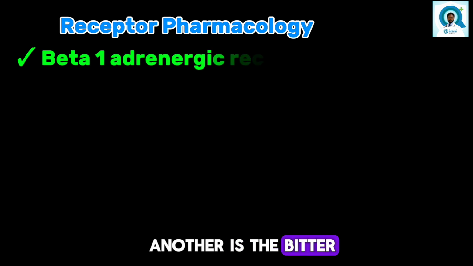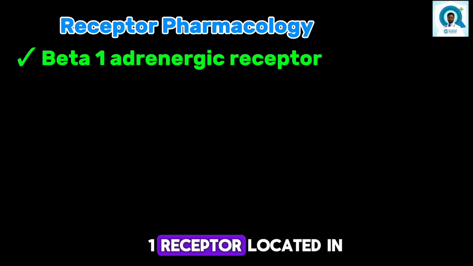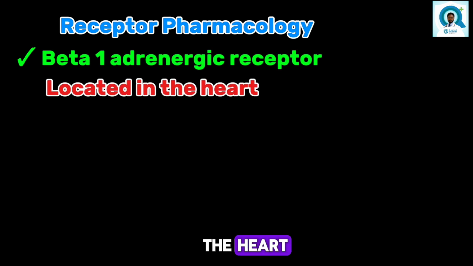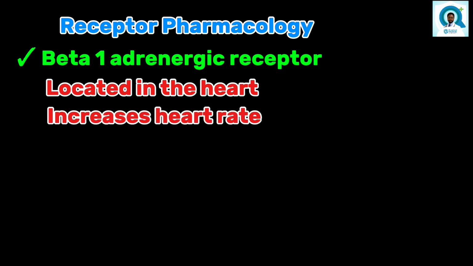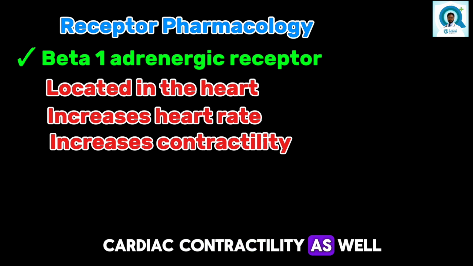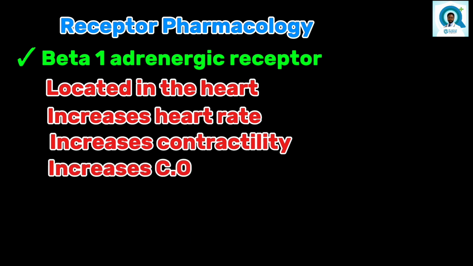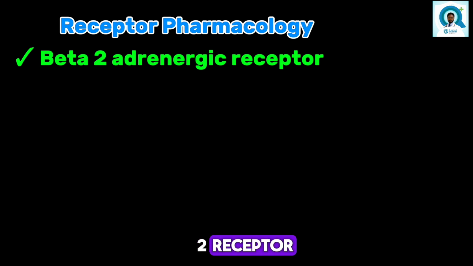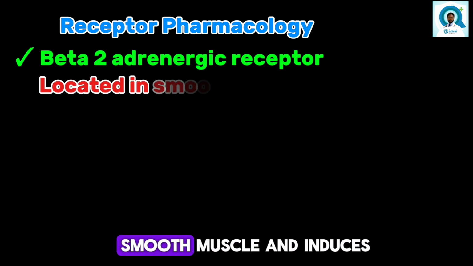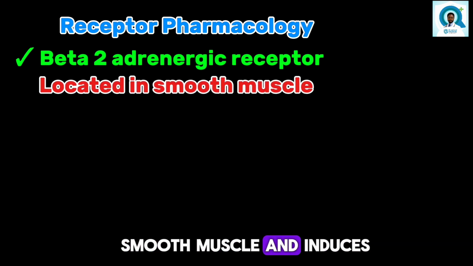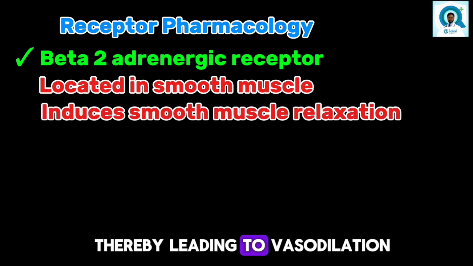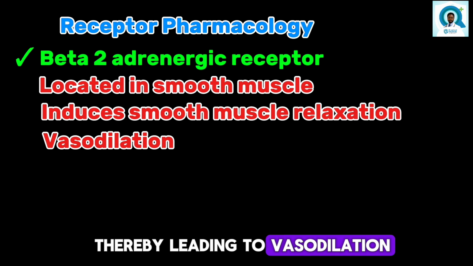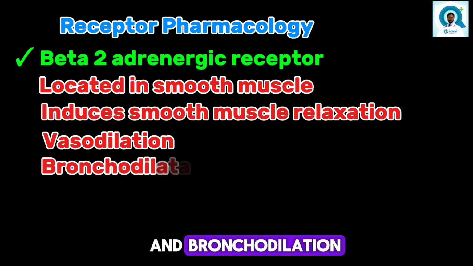Another is the beta-1 receptor, located in the heart, which causes an increase in heart rate, cardiac contractility, as well as cardiac output. The next is the beta-2 receptor, which is located in smooth muscle and induces smooth muscle relaxation, thereby leading to vasodilatation and bronchodilation.